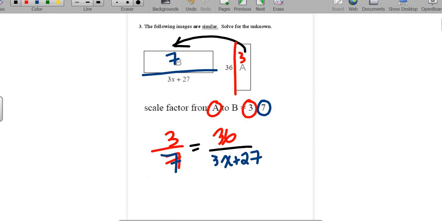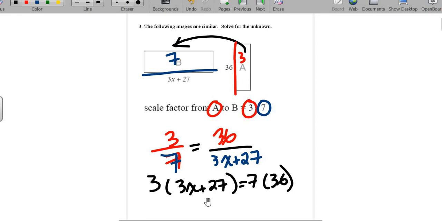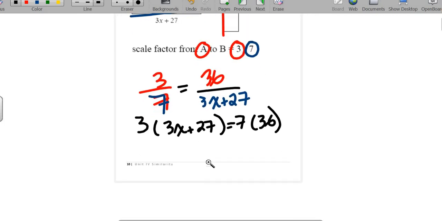Cross multiply, you get 3 parentheses 3x plus 27 equals 7 times 36. Do you want to distribute the 3? Be my guest.